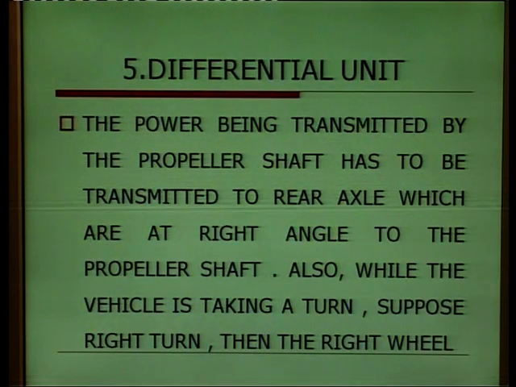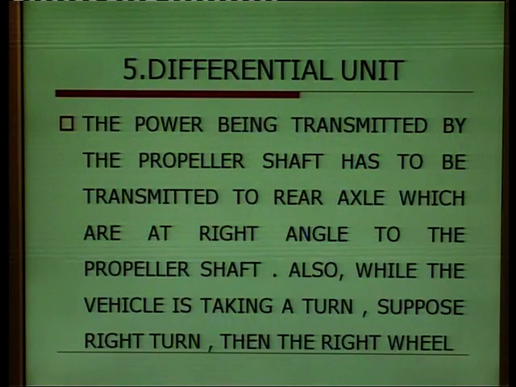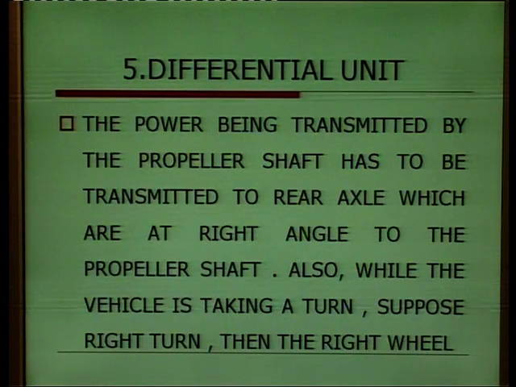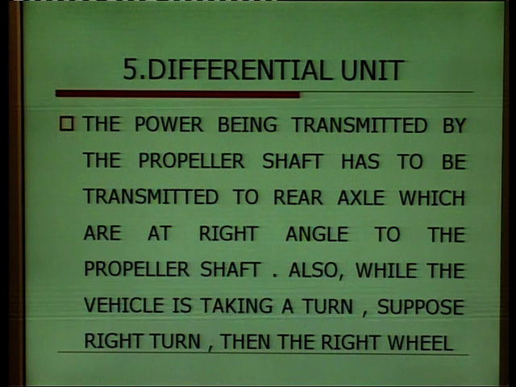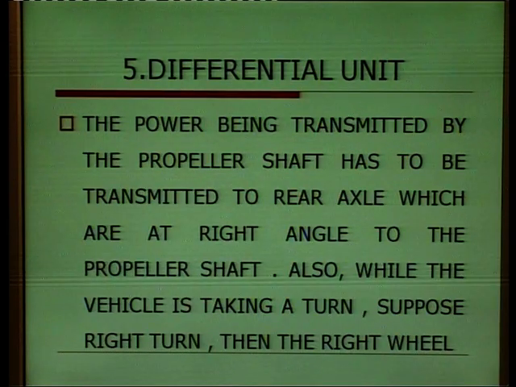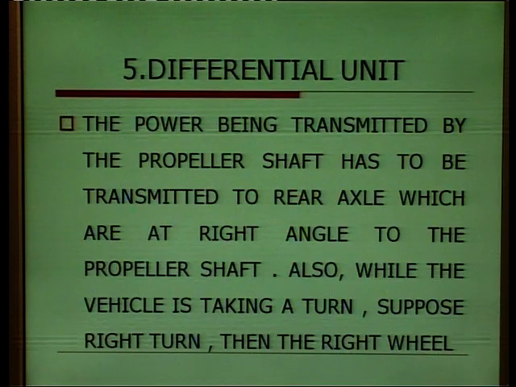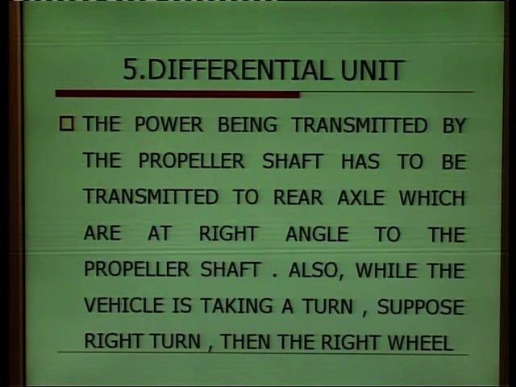Then fifth is the differential unit. First I explain differential unit functions when the vehicle takes a turn left or right. The power from the propeller shaft has to be transmitted to the rear axles, which are at right angle to the propeller shaft.